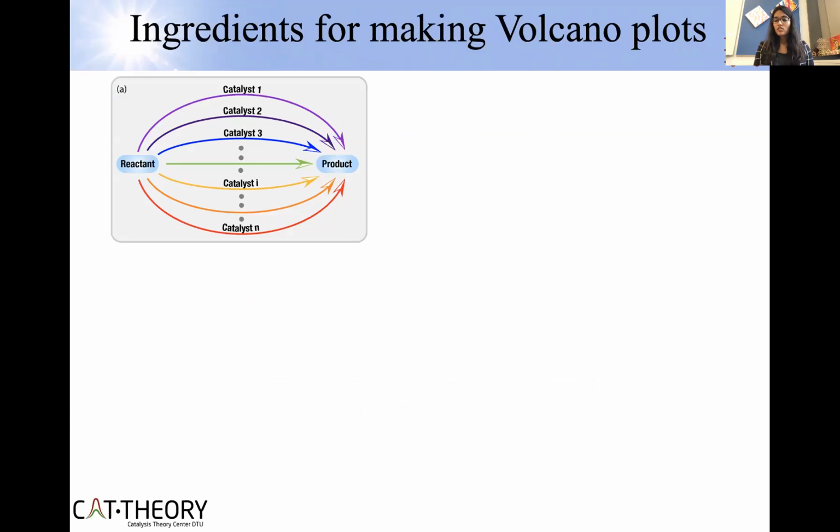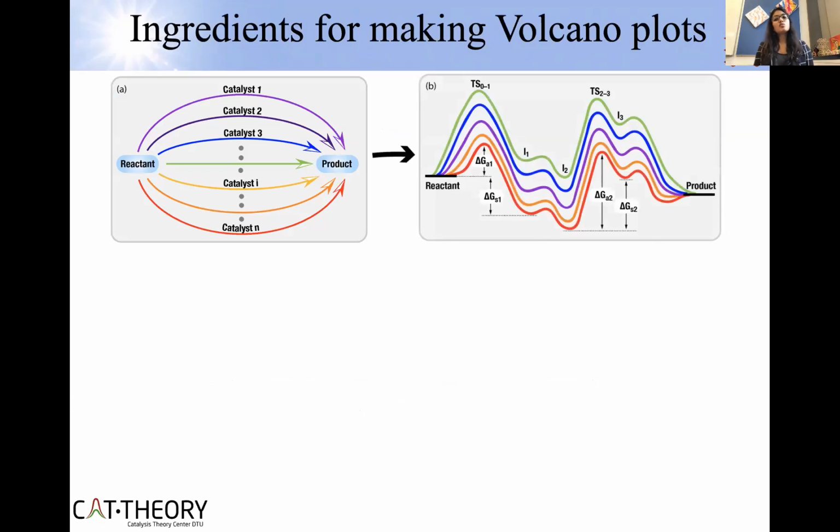Now, what do we need for making the volcano plot for this particular homogeneous reaction? We need different catalysts, and in our case, it's going to be the different ligands, so different ligands with the palladium metal atom. Then we make a free energy diagram for each of these ligands to get the energies of different reaction intermediates and transition states.